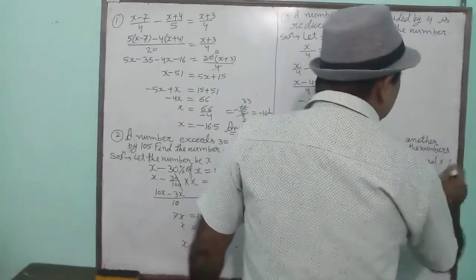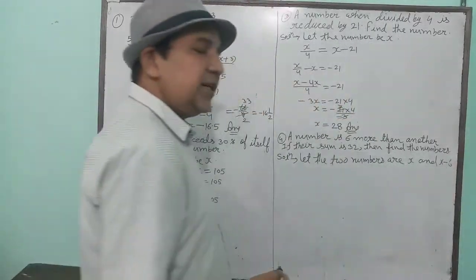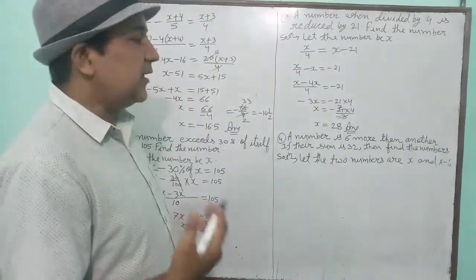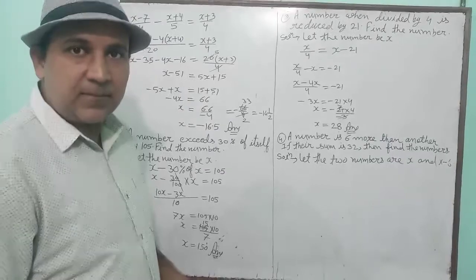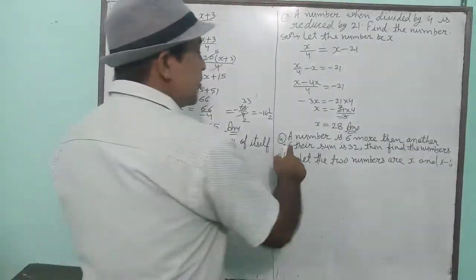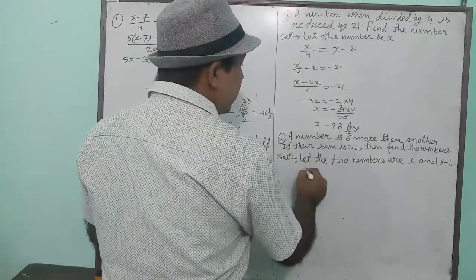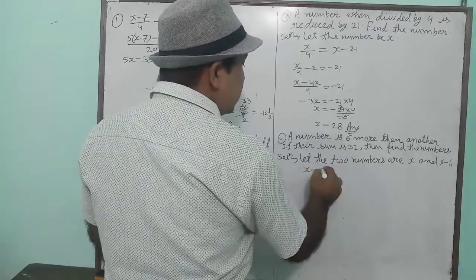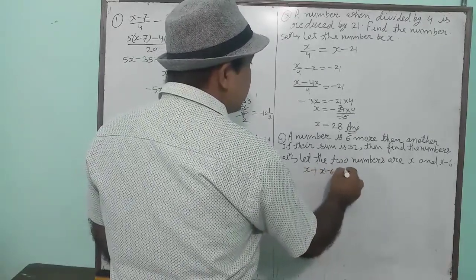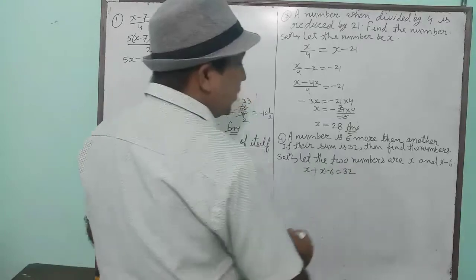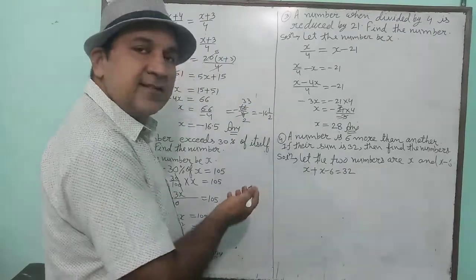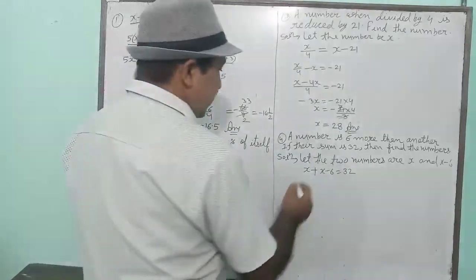In both methods you will get the correct answer. Okay, if one number is x, then another number is x minus 6. Now according to the question, their sum is 32. That means x plus x minus 6 is equal to 32. Now your equation is ready. Solve and get your answer.